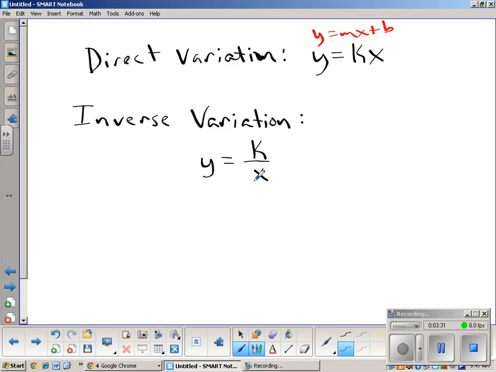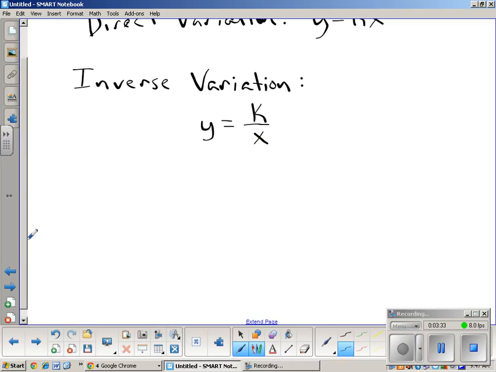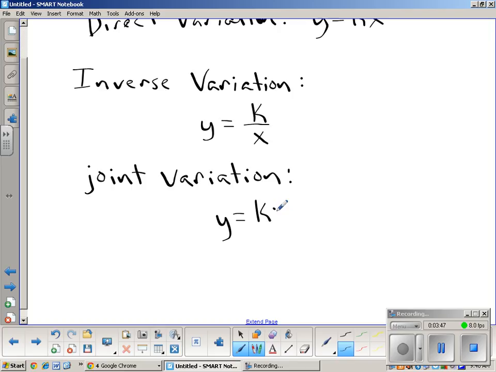Okay? Our joint variation looks like this. y is equal to k times xz. x and z are our two variables now, and they're both direct.